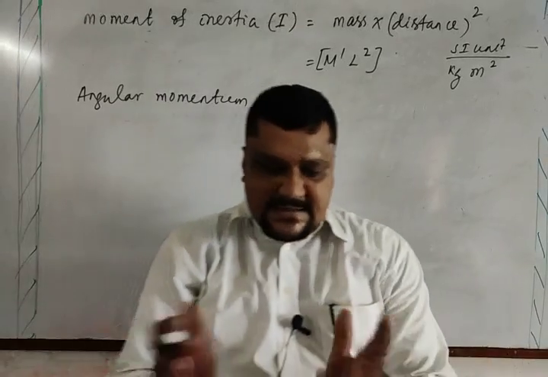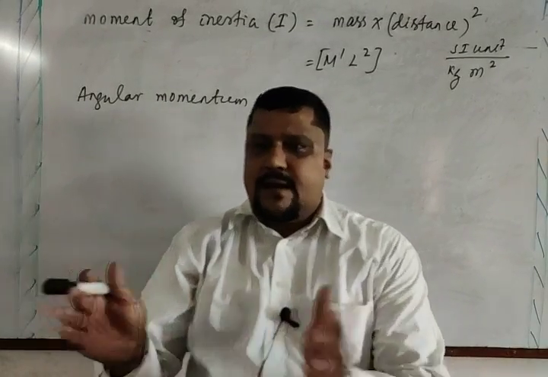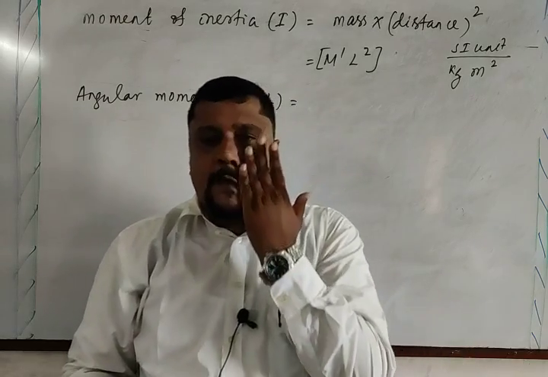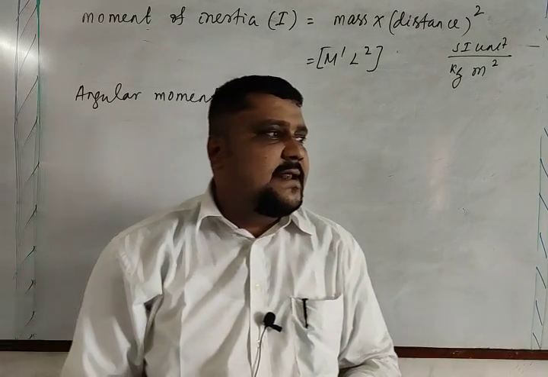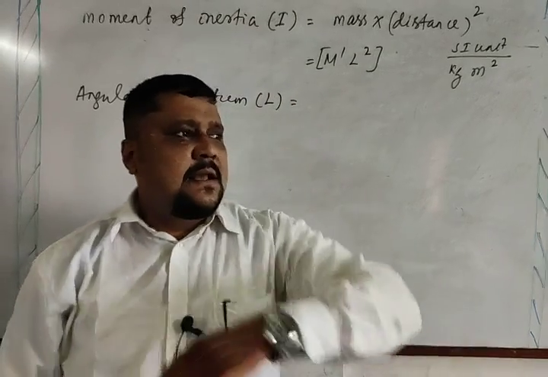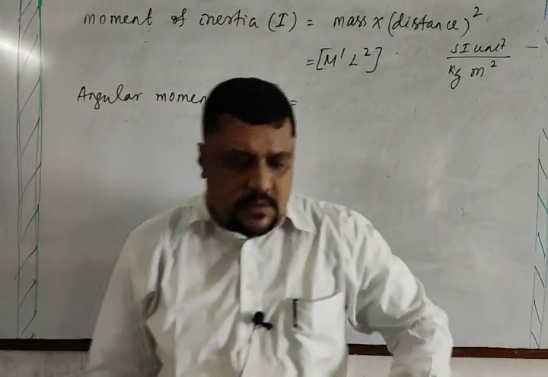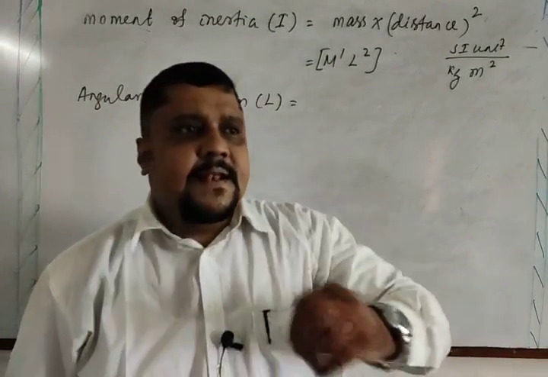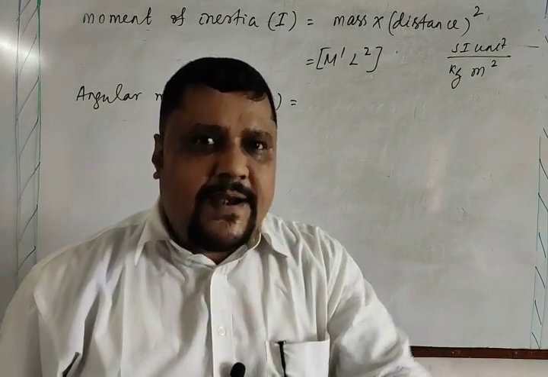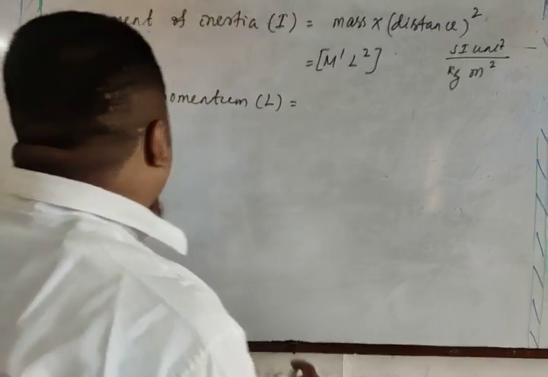And remember, there is a relation between the angular and translatory, that is, linear motion and angular motion. In linear motion, momentum is the motion contained in the body. Similarly, angular momentum means when a body is in angular or rotational motion, the motion contained in the body is called angular momentum, and this angular momentum depends on certain factors.